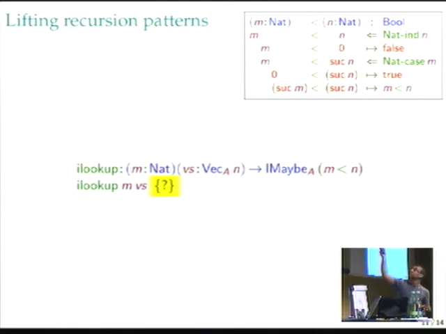If m is 0, then I return true. If m is the successor of some number, then I use my induction hypothesis to compute m less than n. This way, you are always guaranteed that any function you define is structurally decreasing, so it's well founded. This has been promoted for a long time, and we are going to see another instance where this style is good for practical purposes.